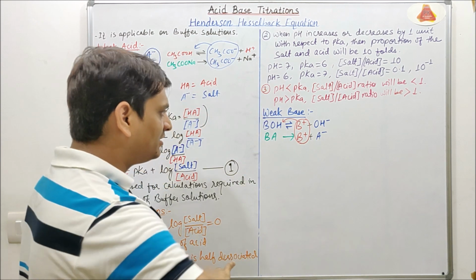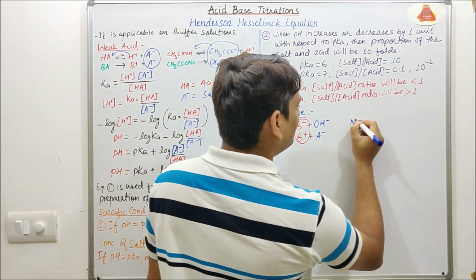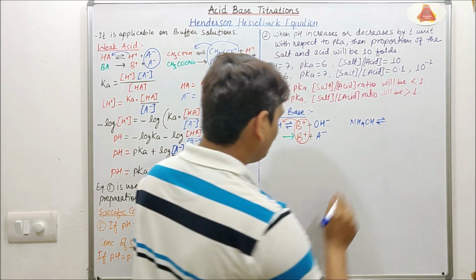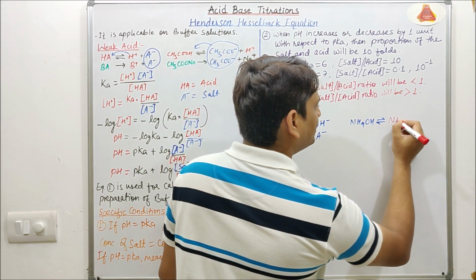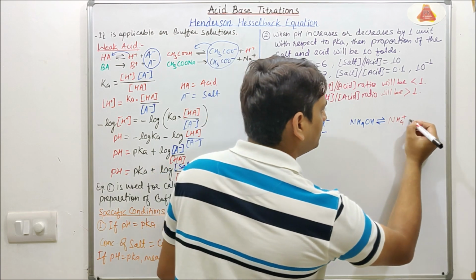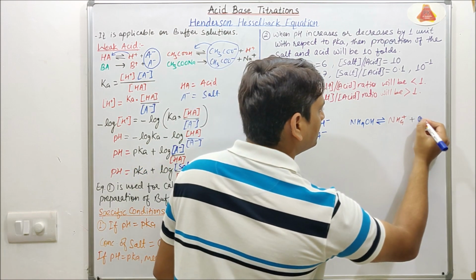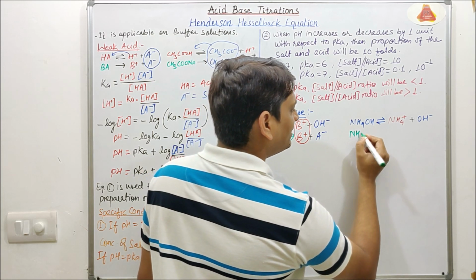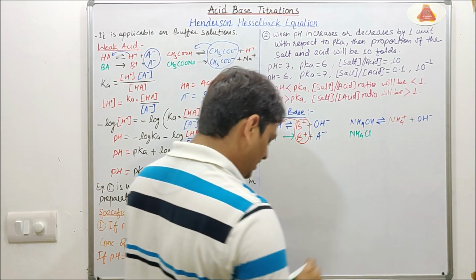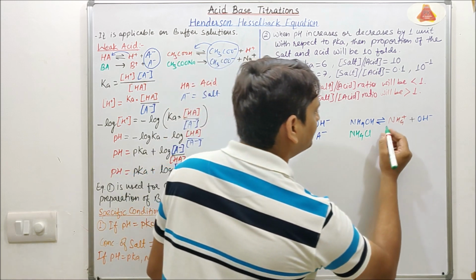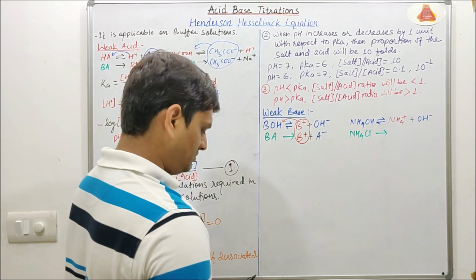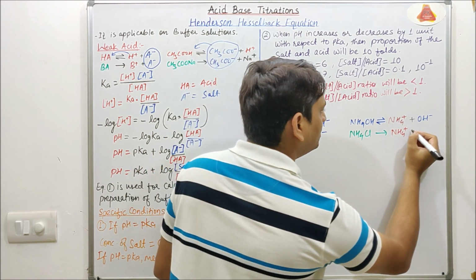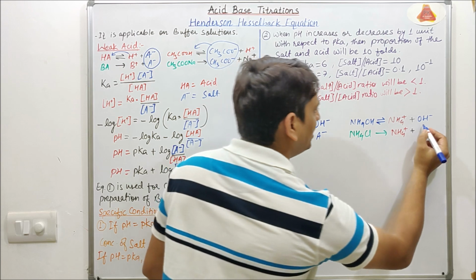Now if we take another example of a weak base, it will be NH4OH and it will dissociate in the form of NH4 plus and OH minus. And if we take the salt having one common ion, then it will be NH4Cl and it will dissociate in the form of again NH4 plus and Cl minus.